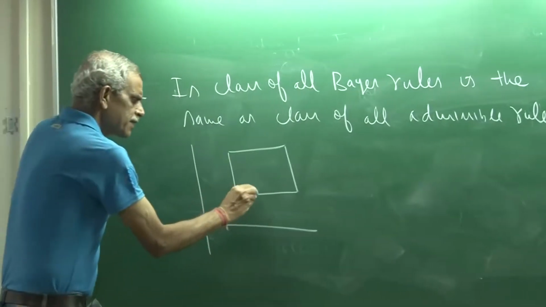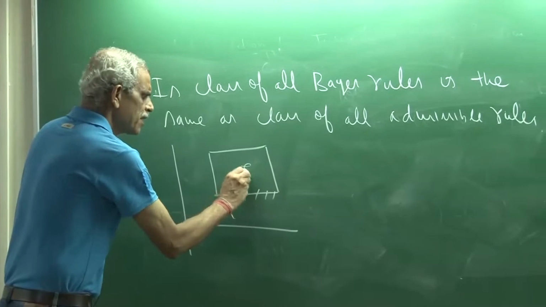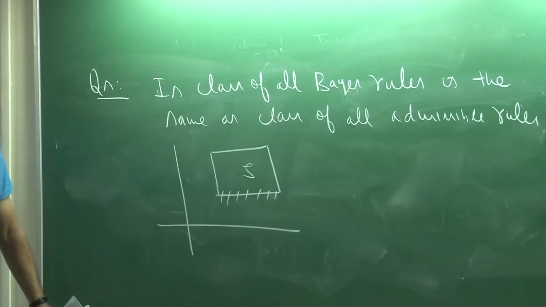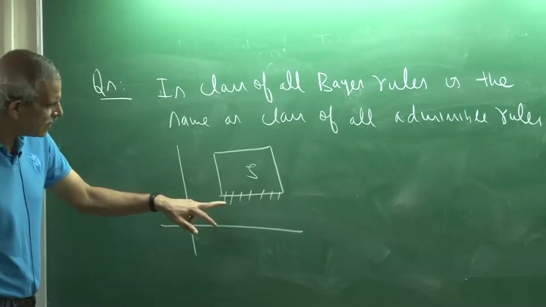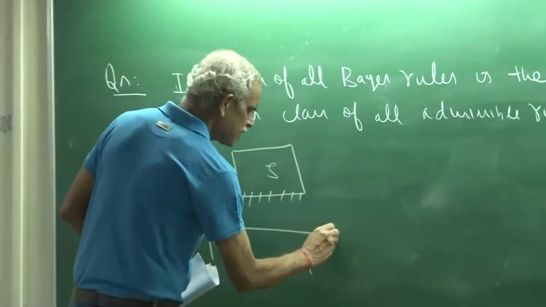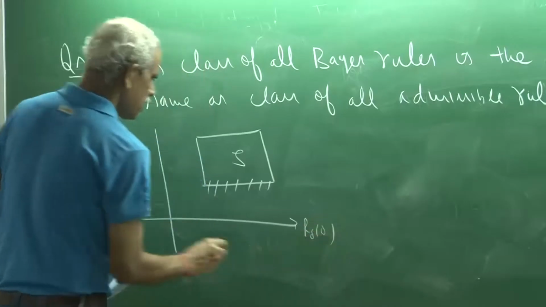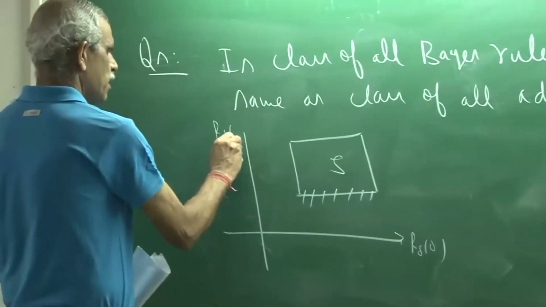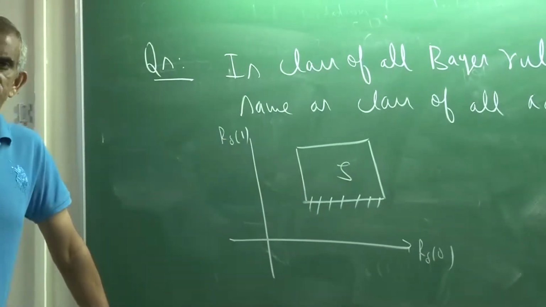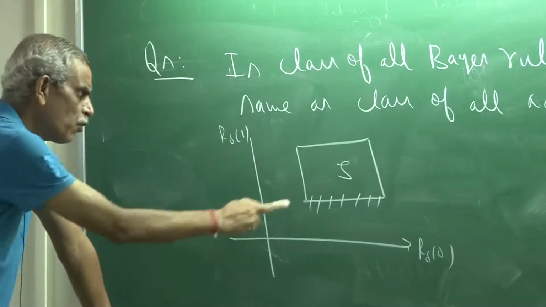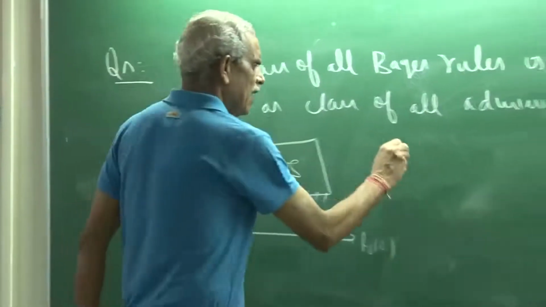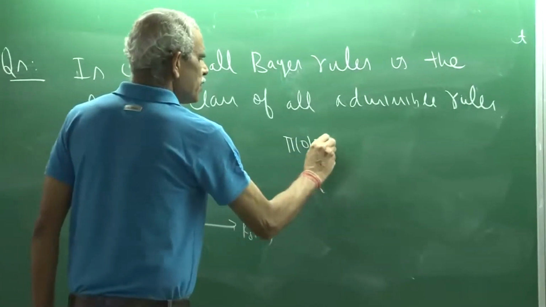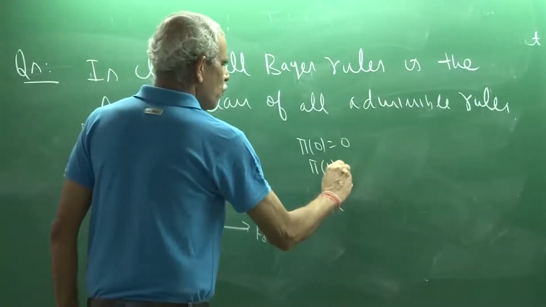Now in this case, all these points can correspond to the Bayes rules. They would correspond to Bayes rules in the sense that R delta 1 is minimum for them. So that means for the prior which gives whole weight to 1, I consider pi 0 as 0, pi 1 as 1.